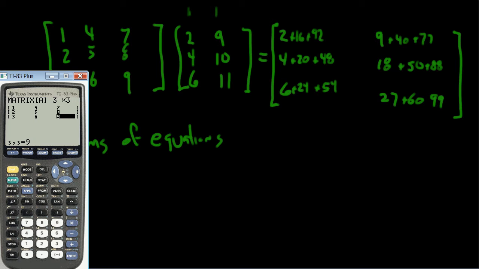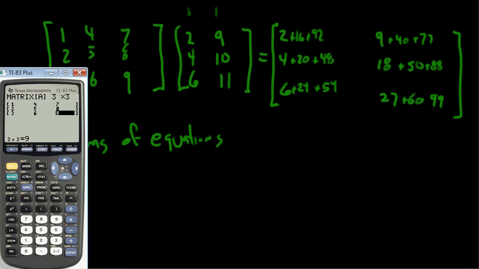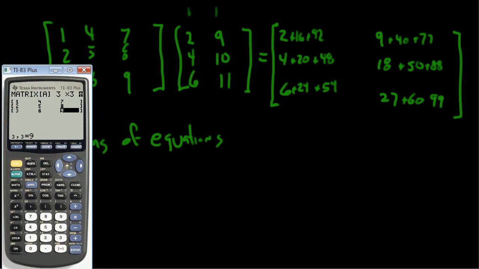So you have now 1, 2, 3, 4, 5, 6, 7, 8, 9, just as we did here. And we're going to hit second quit, knowing that is stored.